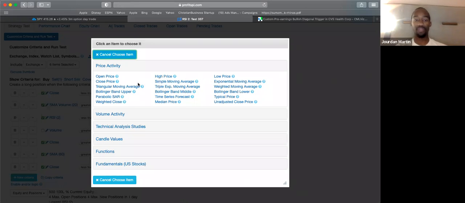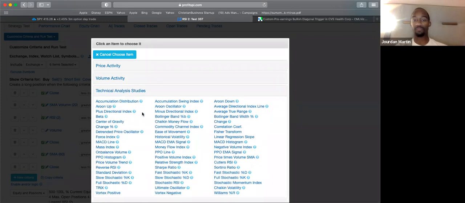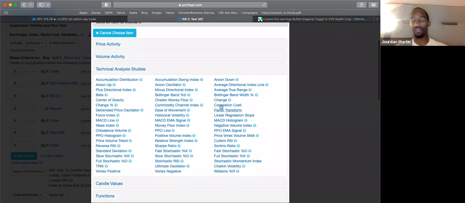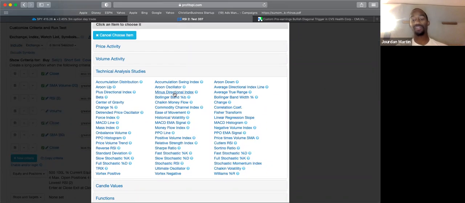Based on simple moving average, Bollinger Bands, volume. You can do stuff with technical analysis and all these things. If the RSI is XYZ, you can come in here and fool around with all this. And this site is helpful in that they have all these little question mark boxes that give you more information about what this stuff is. So naturally, when you look at this as a beginner, this looks like a crap ton of random stuff.